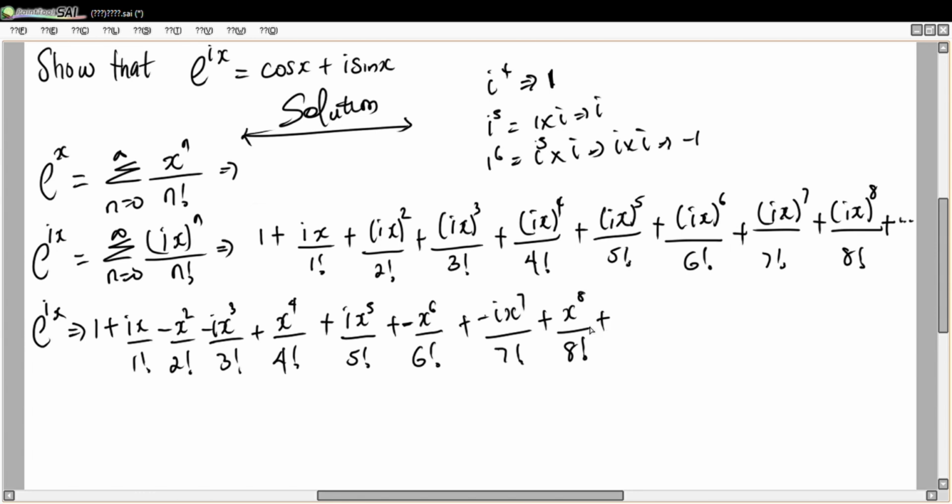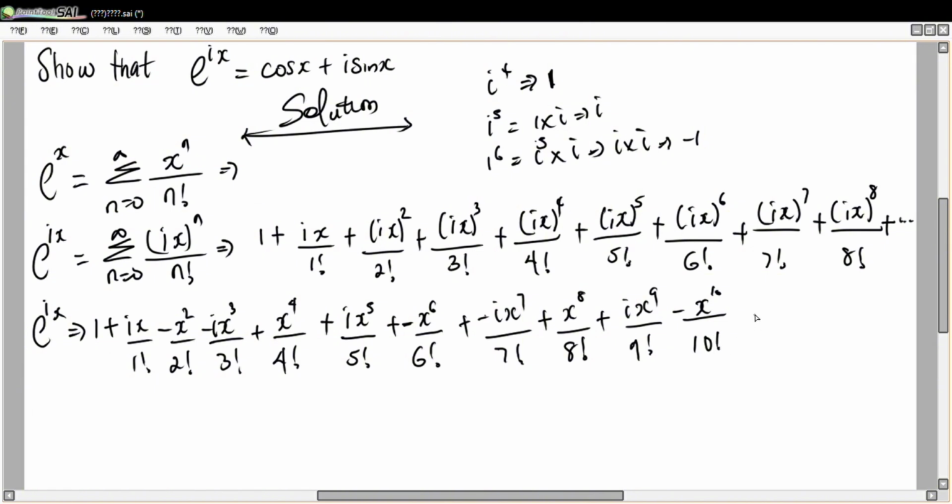Now I can do the one of 9 also. That will just be i x raised to the power 9 over 9 factorial. The one of 10 will just give us minus x to the power 10 over 10 factorial.